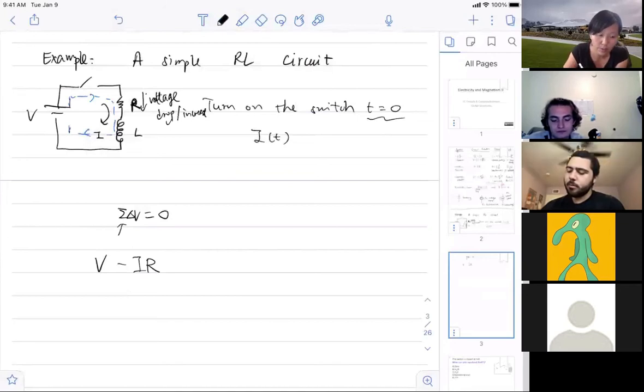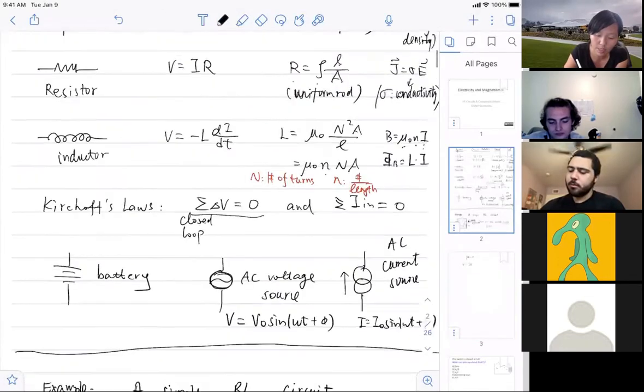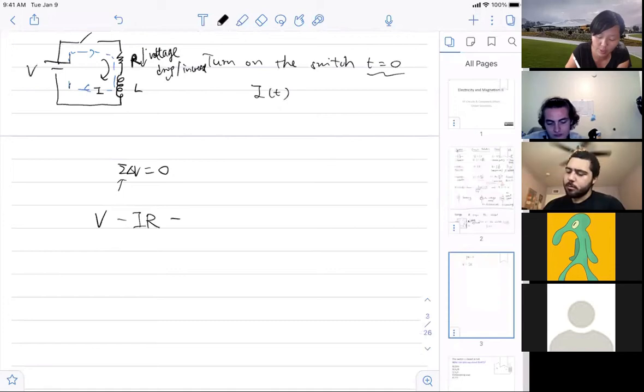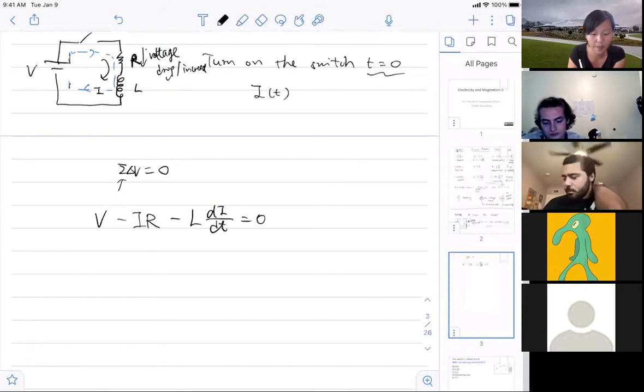Going through the inductor, we are just going to refer back to our formula definition, which is L di over dt, and the sum is equal to 0. Here I can solve for the current as a differential equation to find the function of I with respect to time.